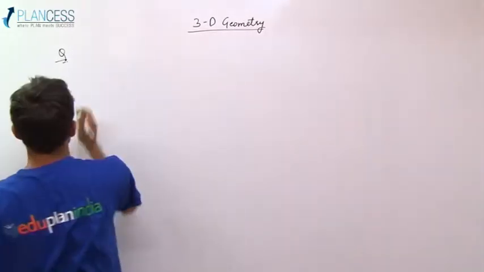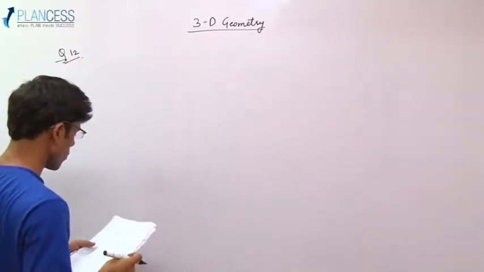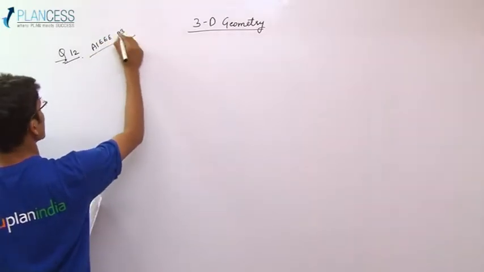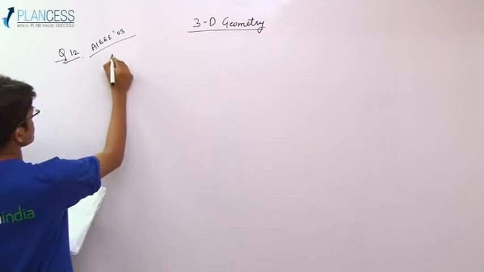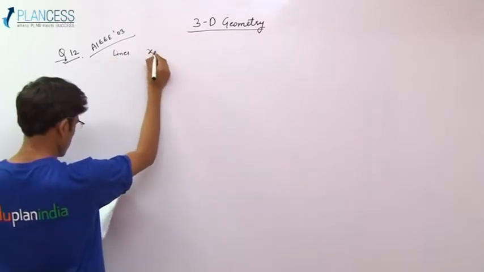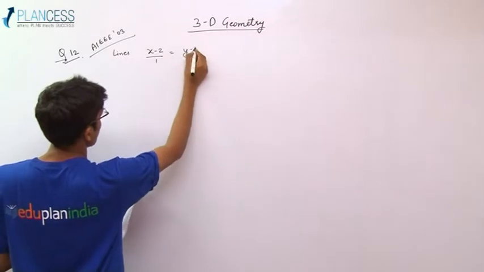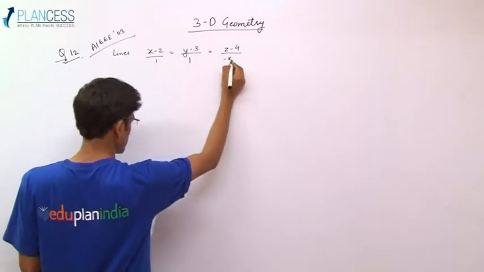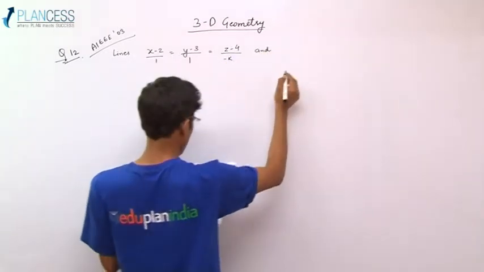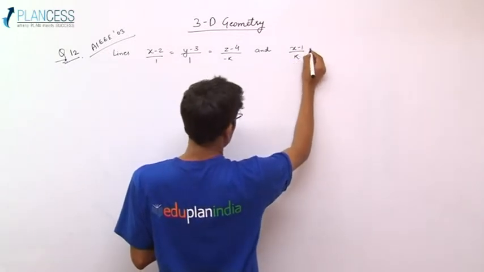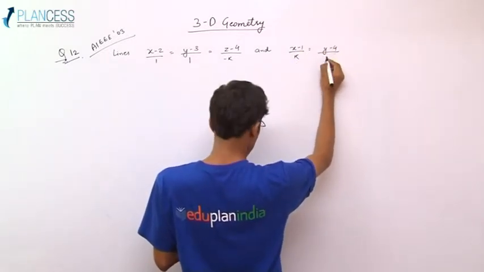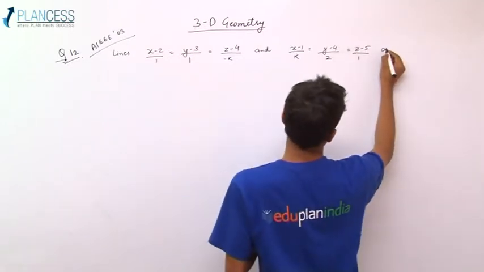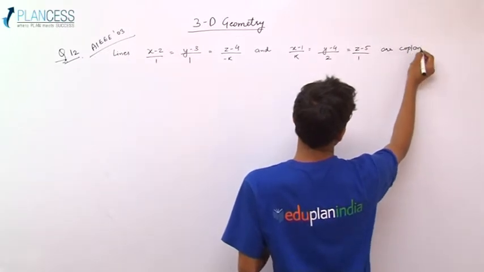Now let's move on to question number 12. This is from AIEEE 2003. Lines (x minus 2)/1 equals (y minus 3)/1 equals (z minus 4)/(minus k), and (x minus 1)/k equals (y minus 4)/2 equals (z minus 5)/1 are coplanar.